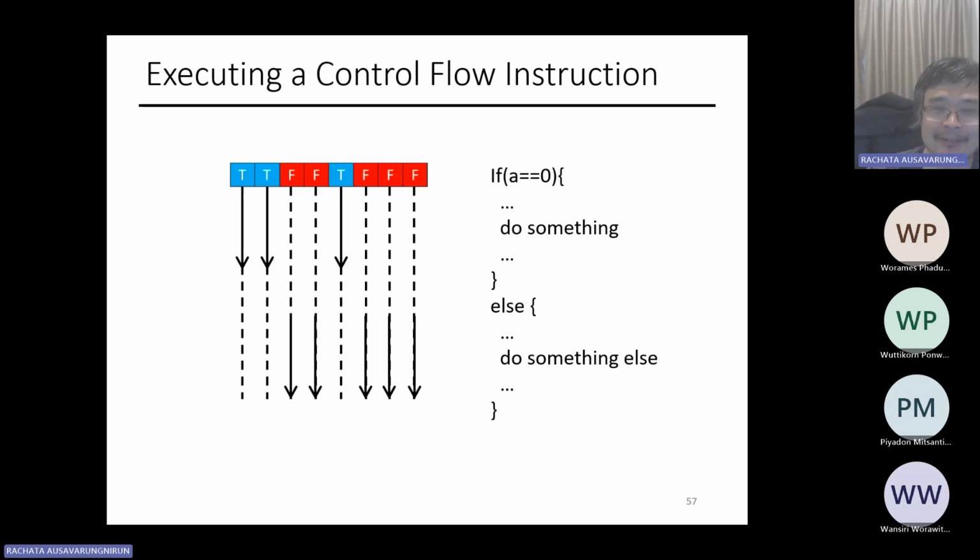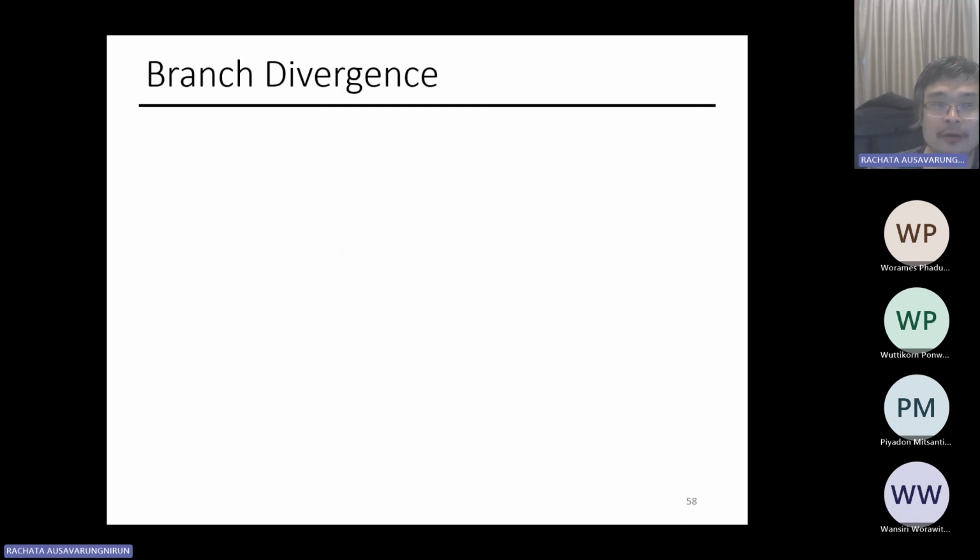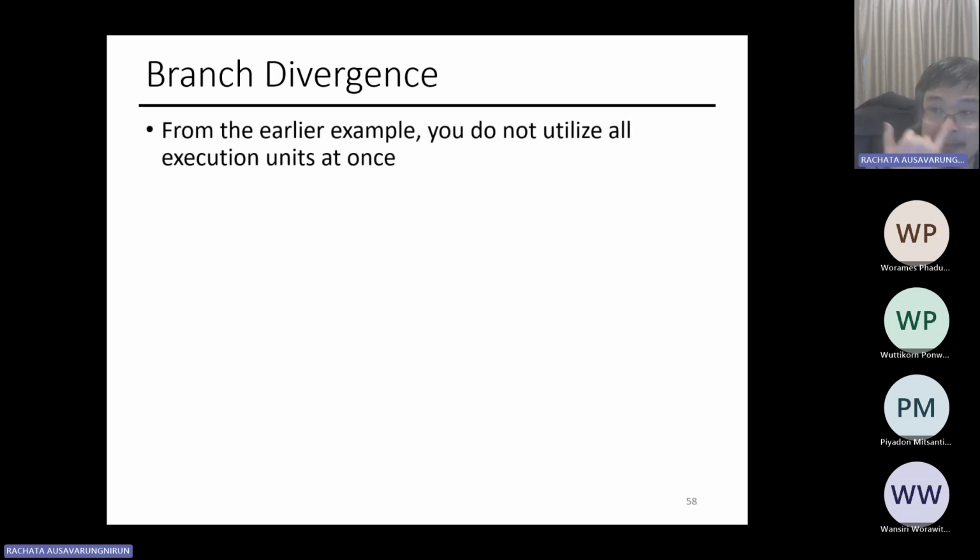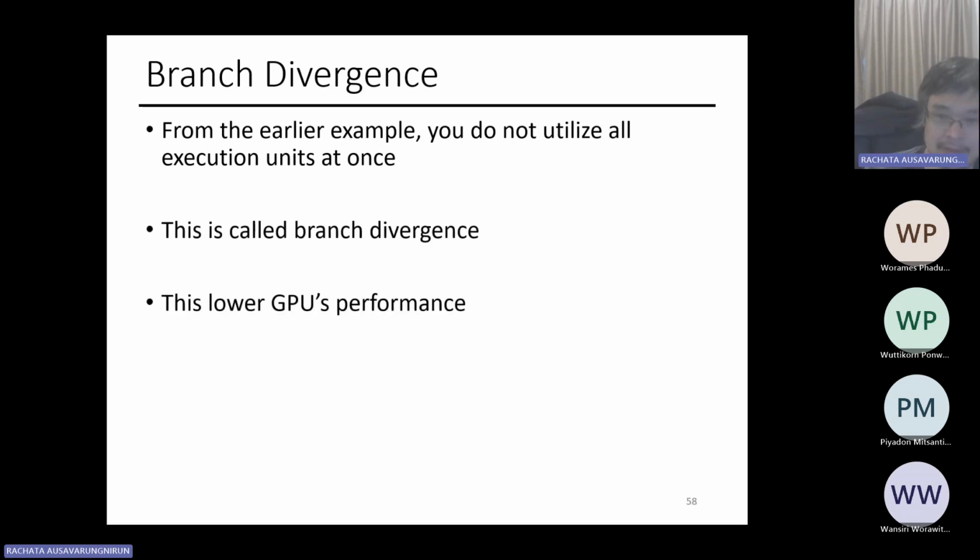So as you can see, the performance will drop. We call this problem branch divergence, because, from the earlier example, you do not actually utilize all execution units at once. So this lowers the GPU performance.